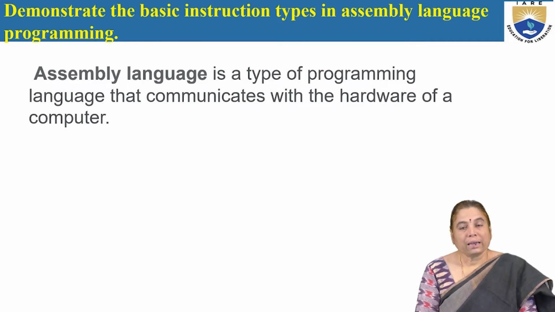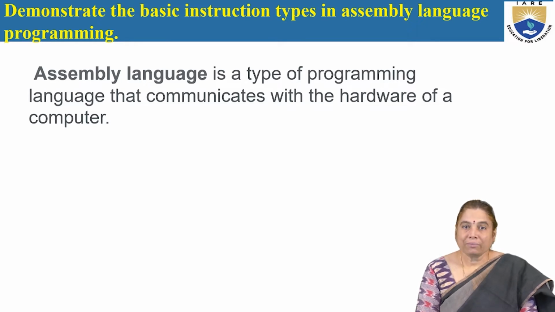But the computer can understand only the binary information, so these mnemonics need to be converted into binary form. The assembler is the software which converts the assembly language program into machine language so that the computer can easily understand the program. Both the machine language and assembly language are considered to be low-level languages.